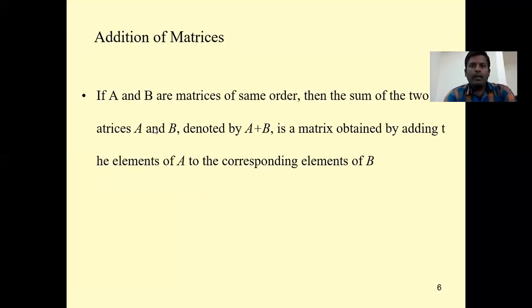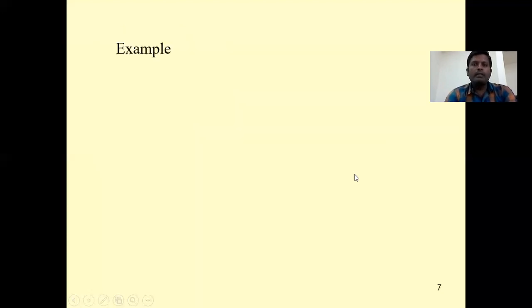If A and B are matrices of the same order, then the sum of the two matrices A and B, denoted by A plus B, is a matrix obtained by adding the elements of A to the corresponding elements of B. Here is the example.